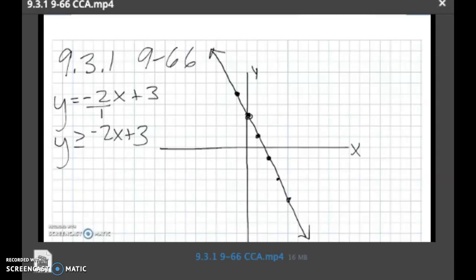And so the only points that are going to make this equation true would be the points that we see on our line. So if we were to pick any point on our line, I'm going to pick this point here. That's the point 1, 1.